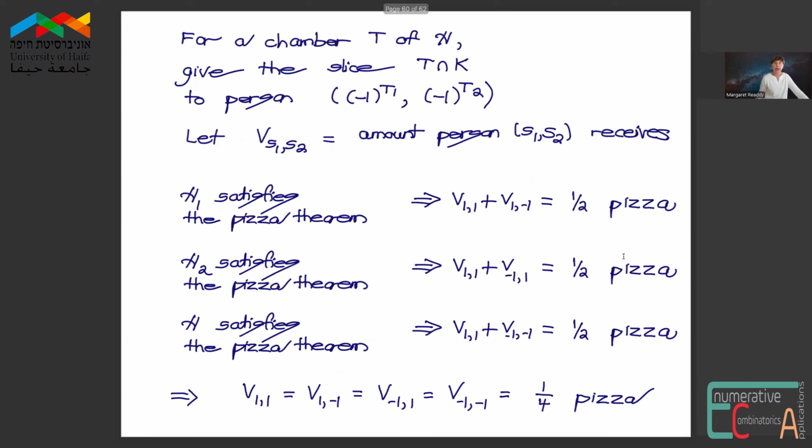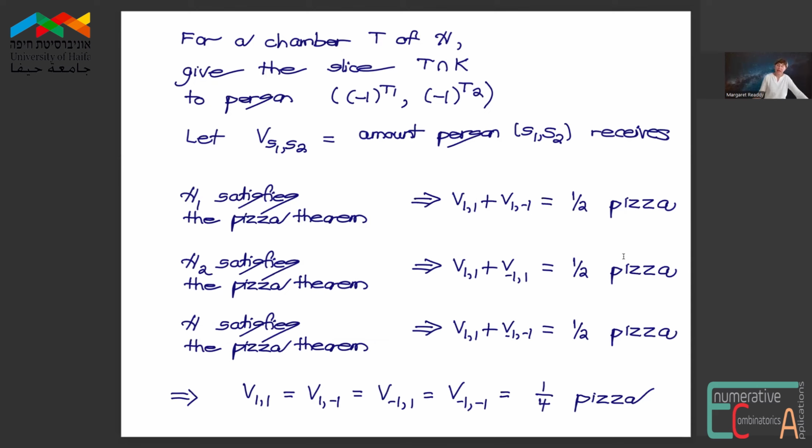Then we're going to have 4 people, and they're going to be encoded by these signs in your chamber. So we have the persons plus plus, plus minus, minus plus, and minus minus. Because the arrangement H1 satisfies the pizza theorem, you can show that the amount of pizza that person plus plus gets versus plus minus gets, those 2 volumes add up to half a pizza.